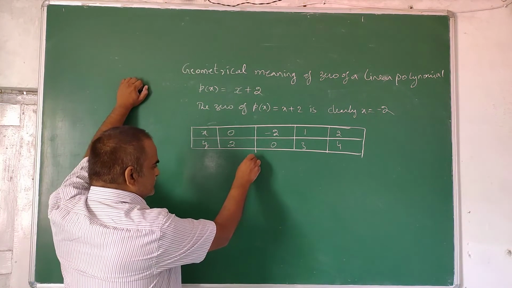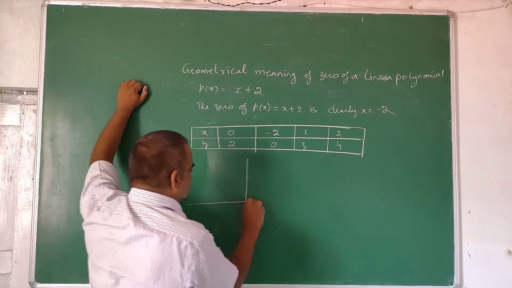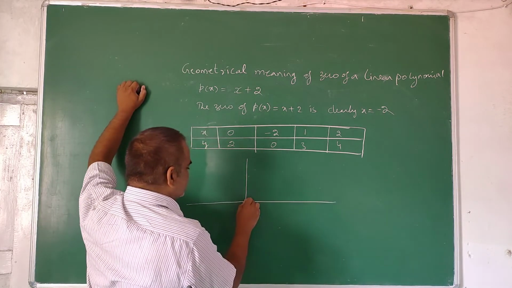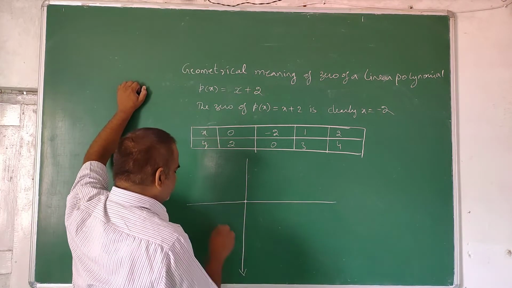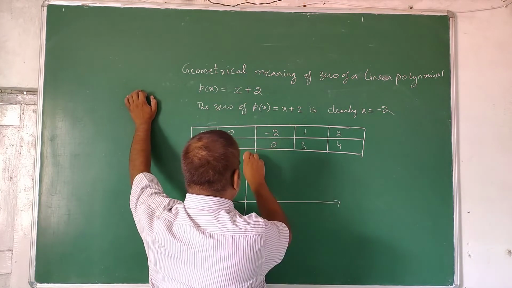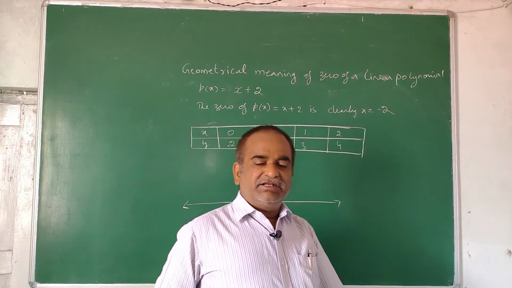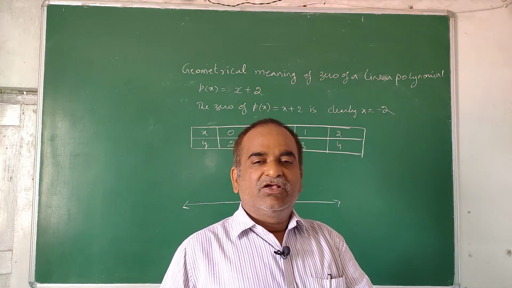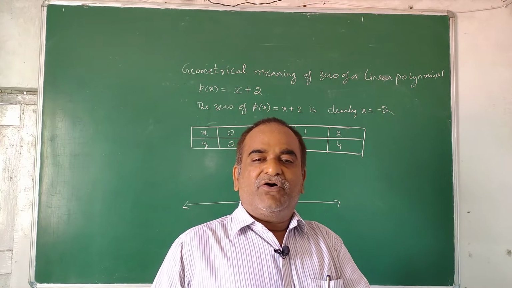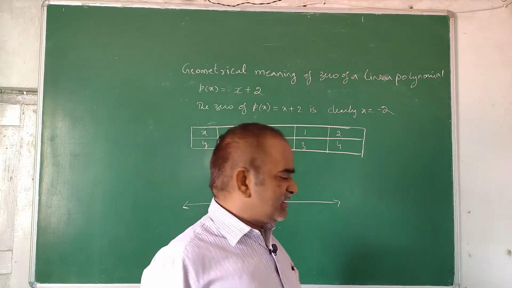Now let us take the Cartesian plane. Of course this is a rough diagram only. Here our intention is not to draw the exact graph without a single error. Here our intention is to see what the geometrical meaning of the zero of a polynomial is.